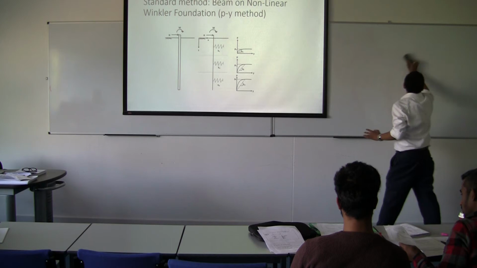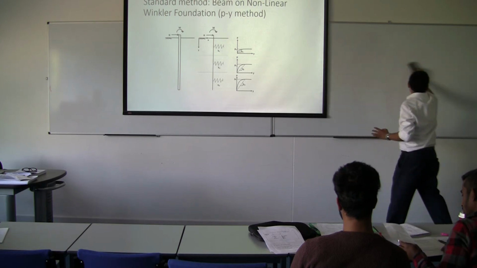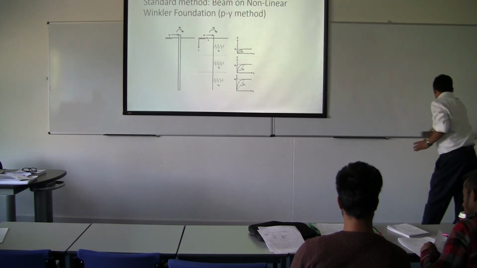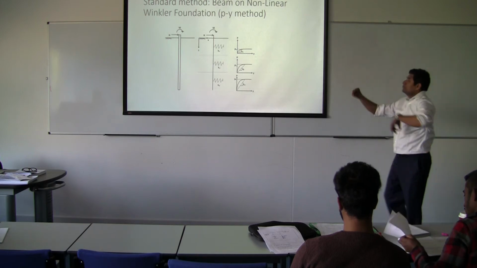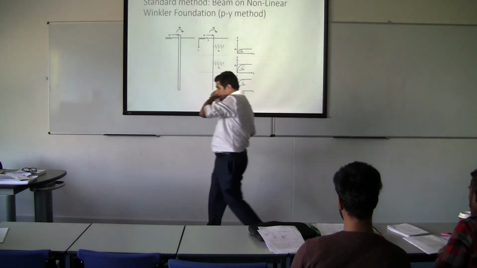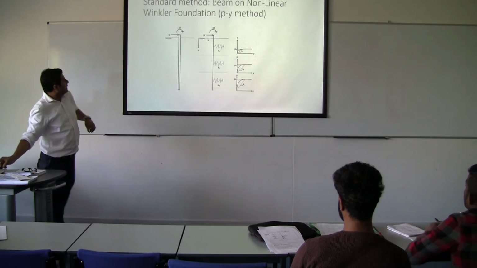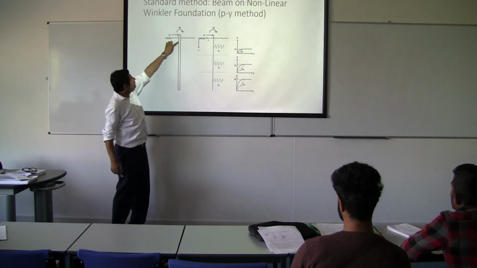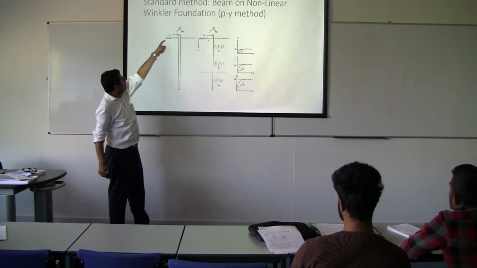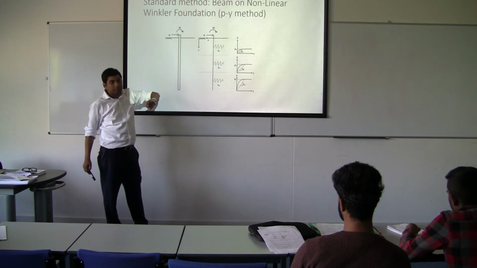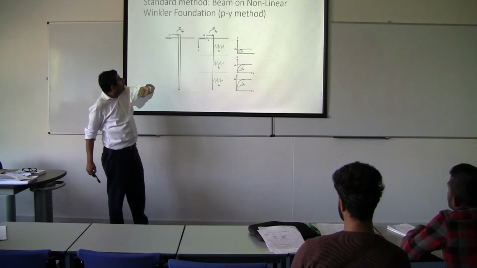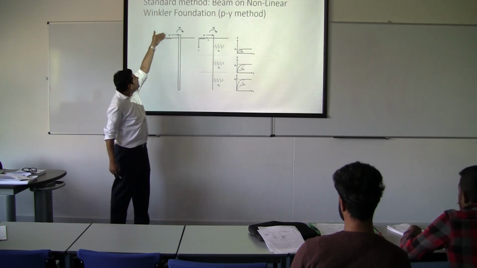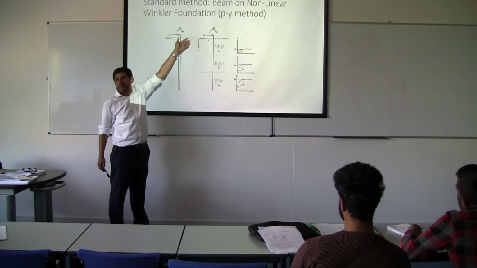In a PY method, which is known as the Winkler method, Winkler spring approach, what we are doing, we are assuming that that's a pile, with a lateral load and a moment. So when you apply the load, who is resisting it?